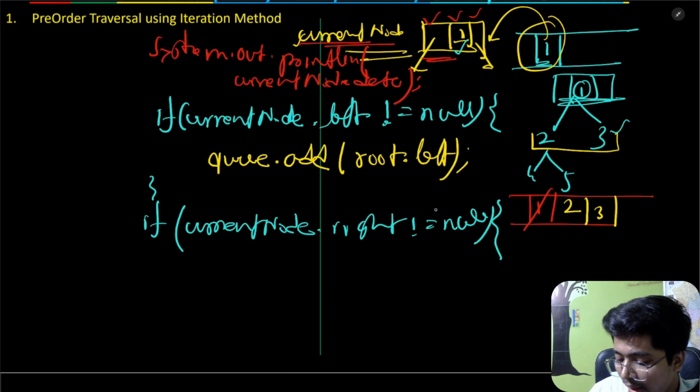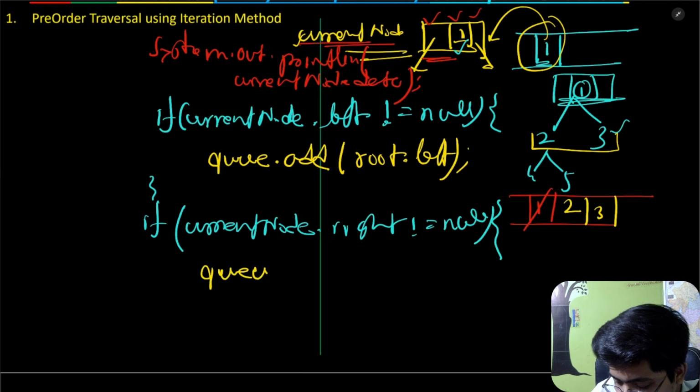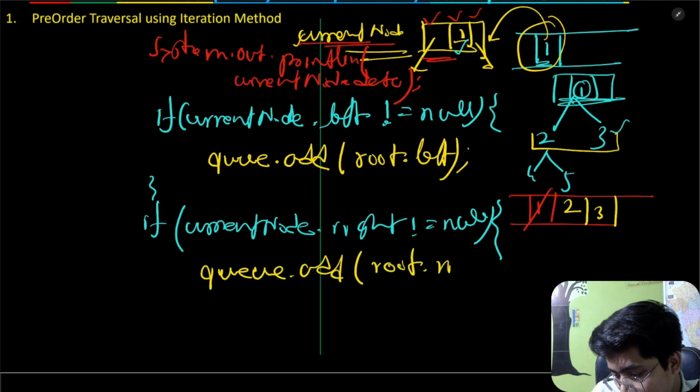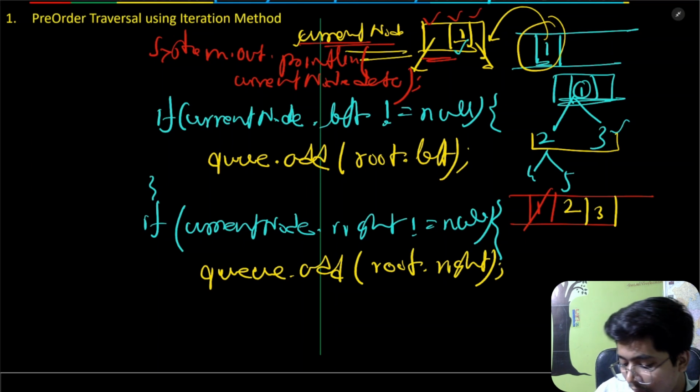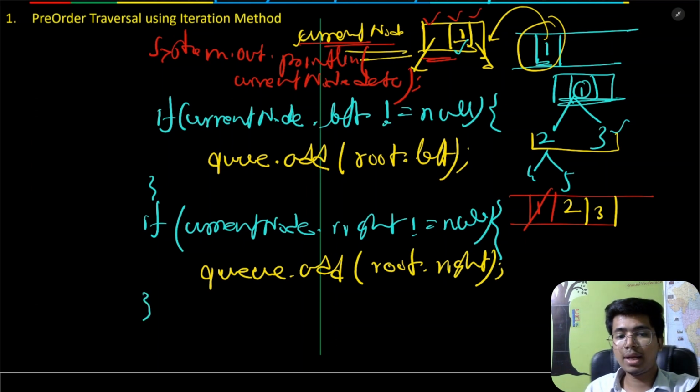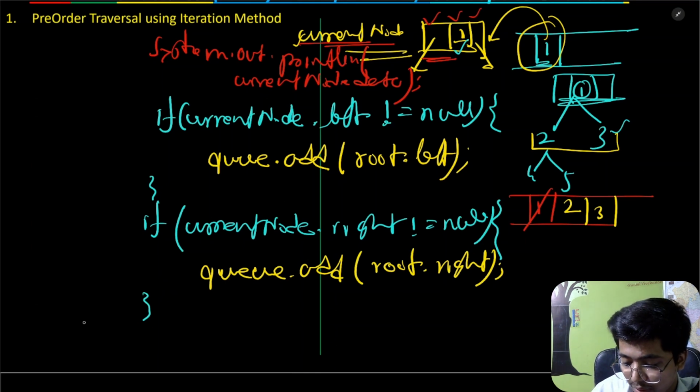So we're again adding the same function, queue dot add root dot right. Okay, now we just added the 2 elements. At last we have checked all the things, queue dot add left and queue dot add right. So now our tree is constructed and it will work as per the program. So we'll be enclosing all of these things.